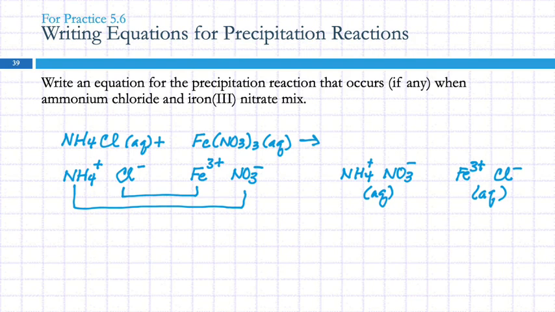So then there's no chemical reaction that occurs. We could write no reaction, or we'll even get lazier than that, and we'll write capital N, capital R, no reaction. And we're done with that one. Any questions?